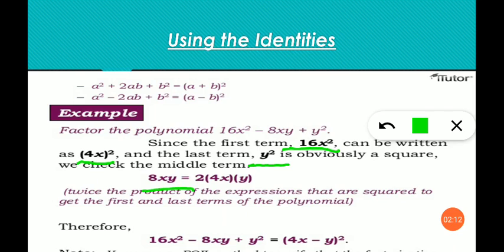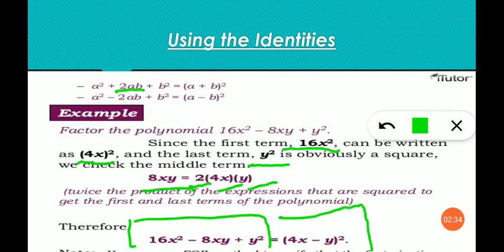The middle term is 8xy. We have to check whether we can write it in the form of 2ab or not. So here 2 into 4x into y gives us 8xy, and hence the factorization of the given polynomial will become 4x minus y whole square.